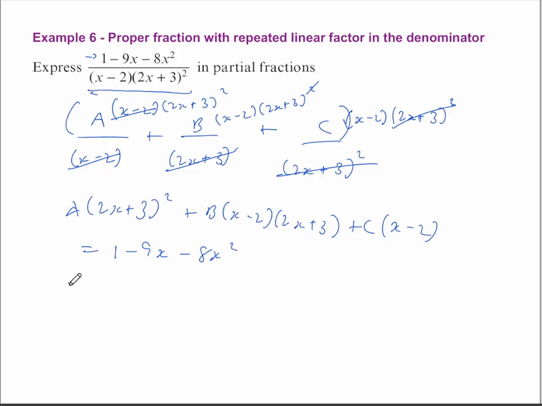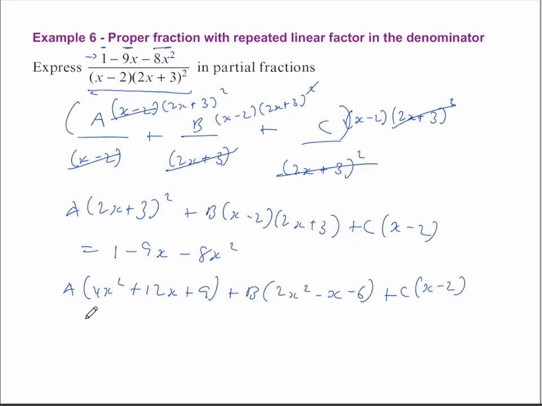For this, we get that a, 4x squared plus 12x plus 9, plus b, 2x squared minus x minus 6, plus c, x minus 2. Now we can split them according to these three terms.